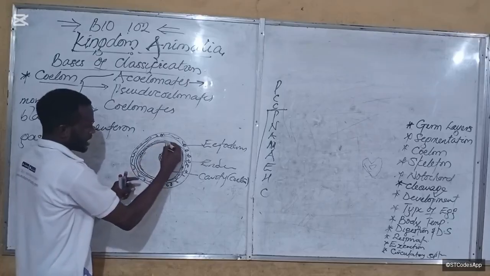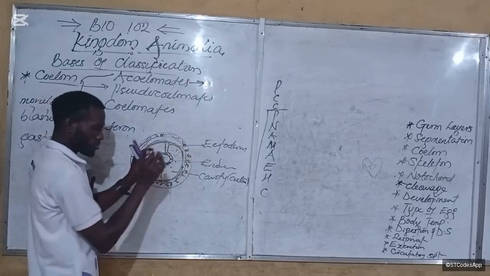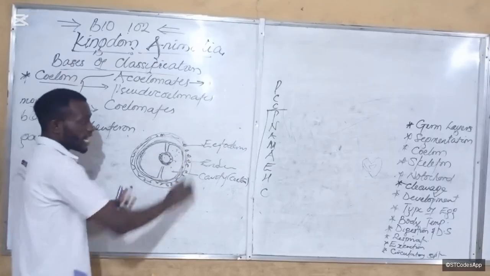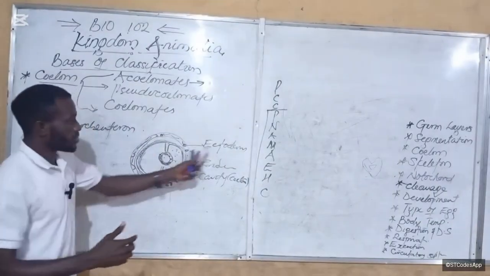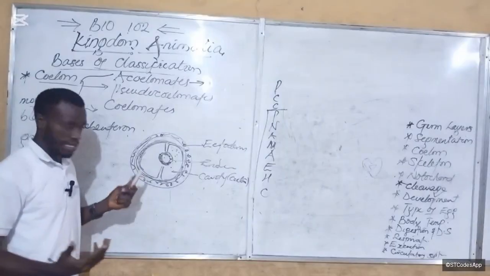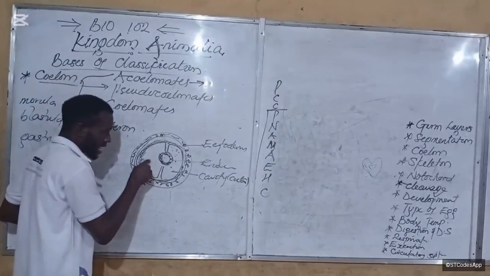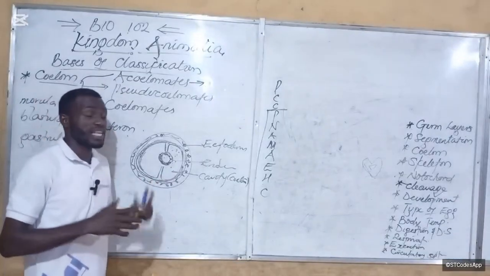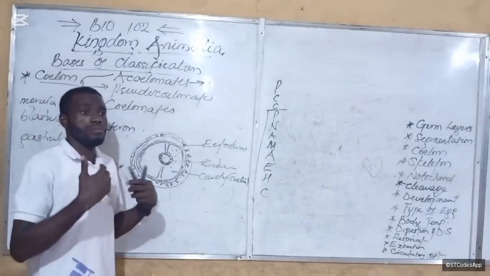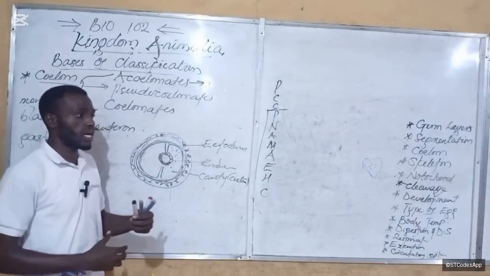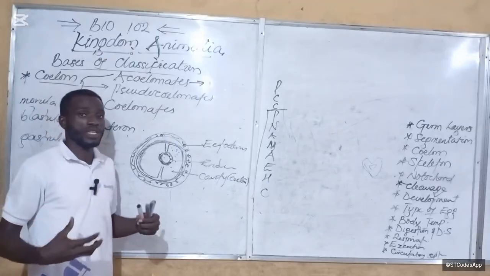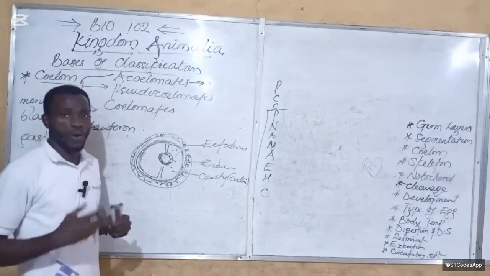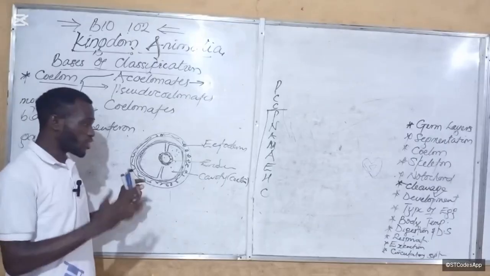So you can see that there's another aggregate of cells here, a group of cells. And those group of cells, I've told you, form the body parts, isn't it? Okay. Now this cavity here is the one that makes it possible for the development of other internal organs, creating space for other internal organs to develop within.